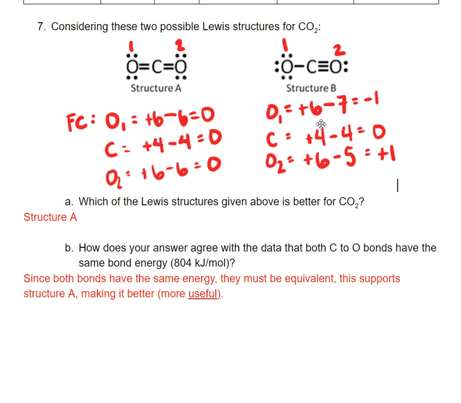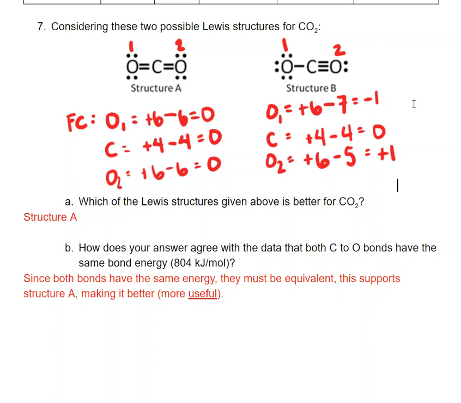In structure B, I've got 6 lone pair electrons on this oxygen plus the 1 that I'm going to get from this bond. So I end up with -1 and +1. Structure B is not as good of a structure as structure A. It does not match our observations as well.